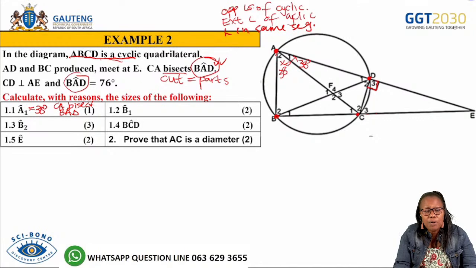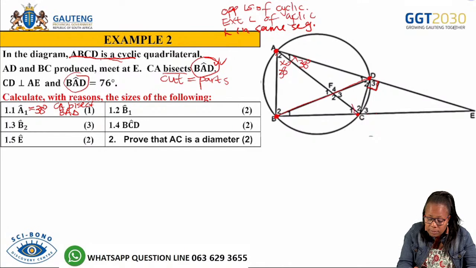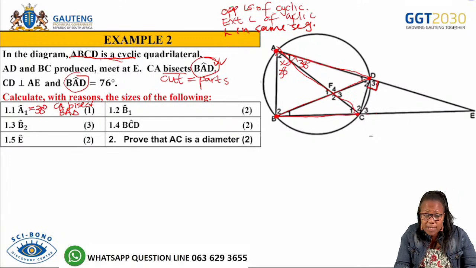Now 1.2, calculate B1. Look at B1 there. That means they are inside the bow tie there. Can you see the bow tie diagram? They both come from the segment DC, and it is holding angle A1 and angle B1 there.